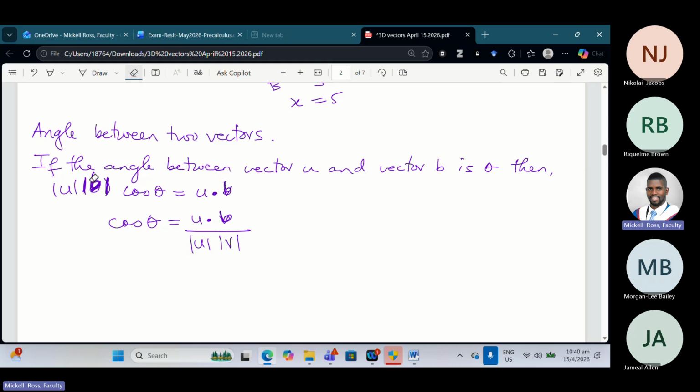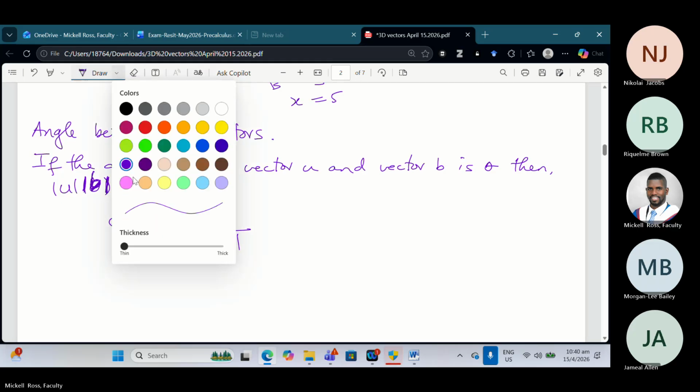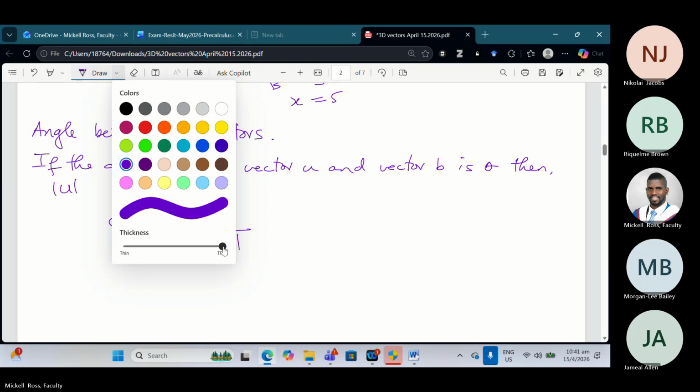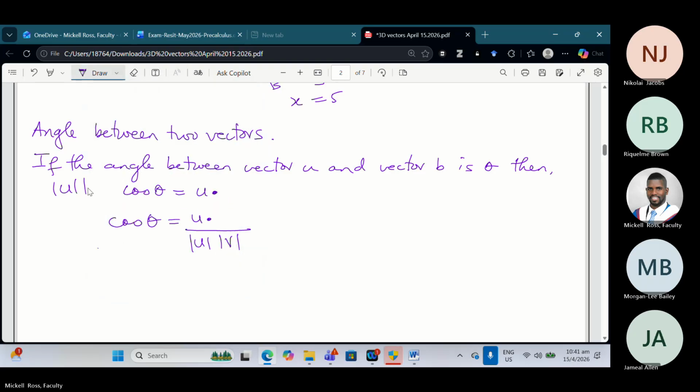And I don't know why the eraser is not working. So let's look at what this looks like in a question.